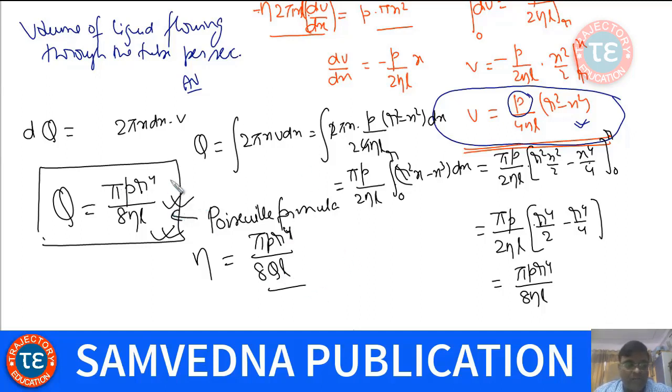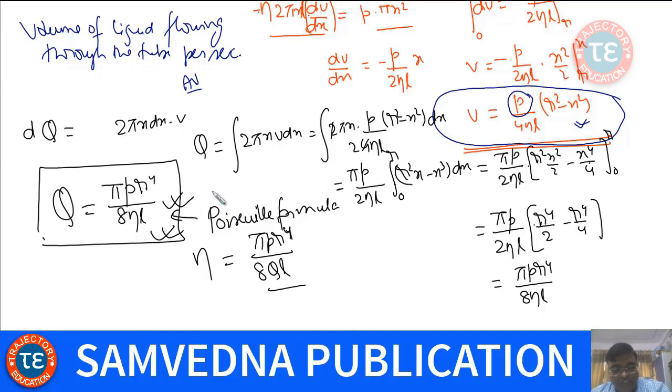So from here you can understand that if you make the radius of the capillary tube twice, the volume of the fluid coming out will become 16 times. So if you want to get more volume of the fluid coming out, then you should increase the radius. If the radius is increased, it goes as the power 4. If r becomes 2r, then Q becomes 16Q. Q increases 16 times. 2 to the power 4 is 16.